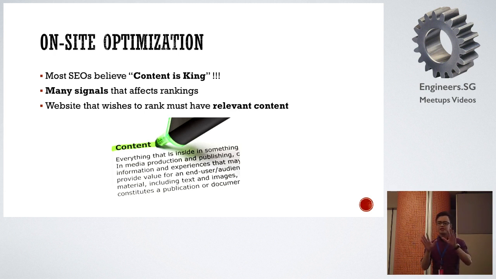If your whole content is about chicken rice, you don't expect yourself to rank for SEO. If you want to rank for SEO, you talk about ways to do good SEO, who is the best SEO guru, where do you go and learn SEO. You don't talk about where's the best chicken rice. So relevant content is very important for on-site optimization.